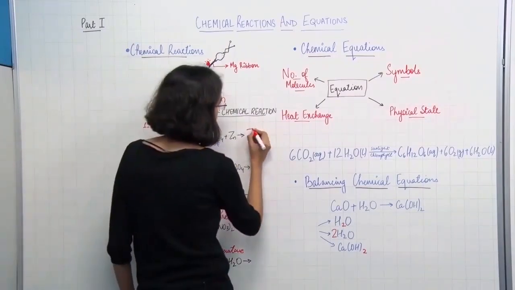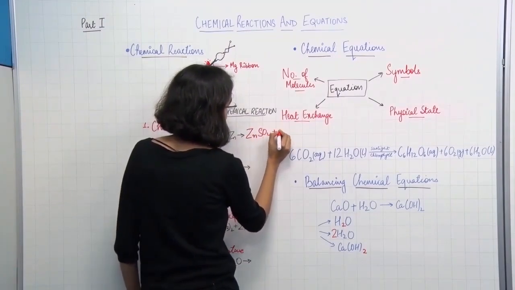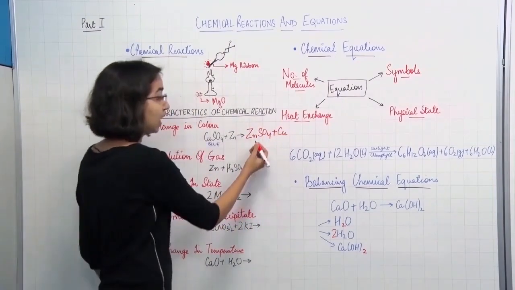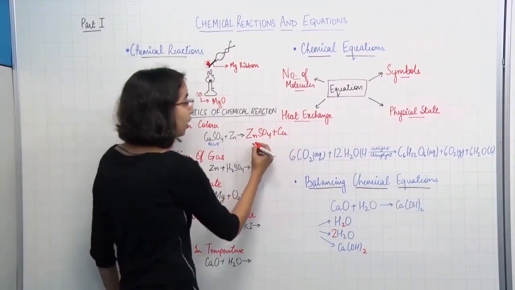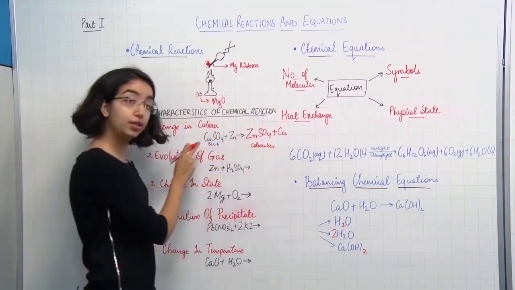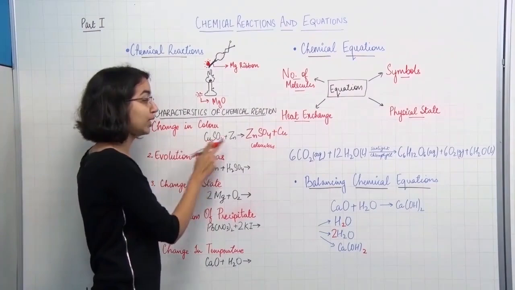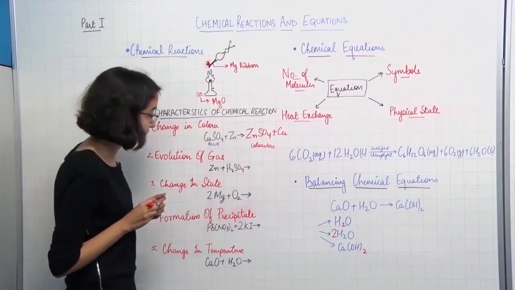What will happen? A new substance of zinc sulfate and copper is formed and copper is replaced. Now this new substance is colorless. So you will know that the solution which was initially blue is now colorless. This indicates that a chemical reaction has occurred.